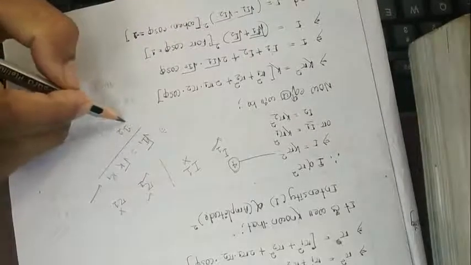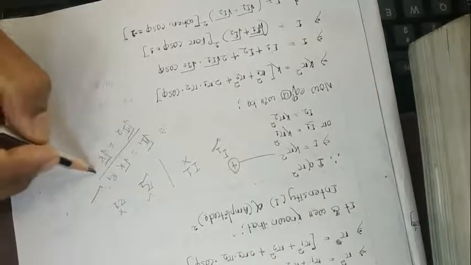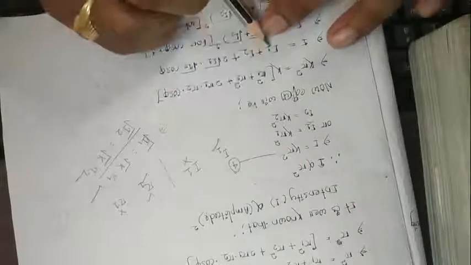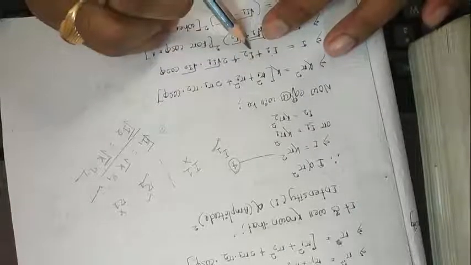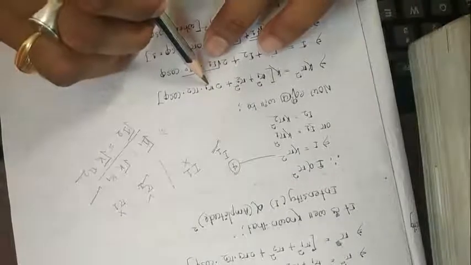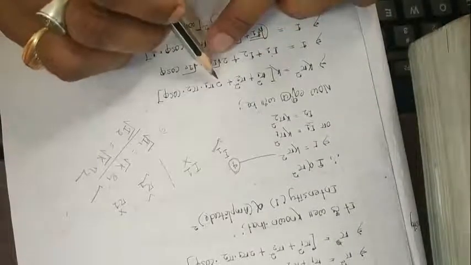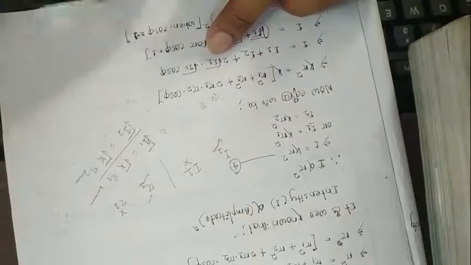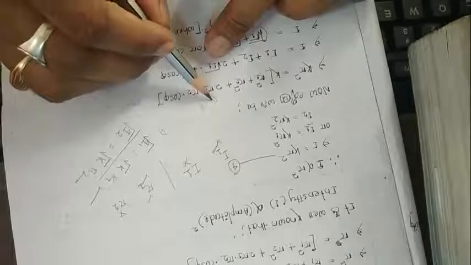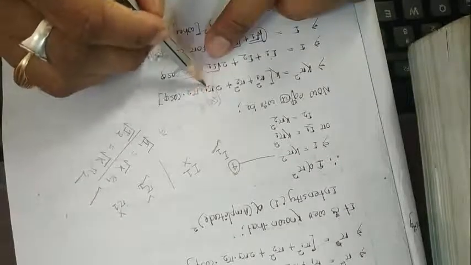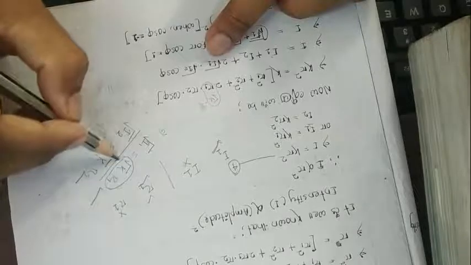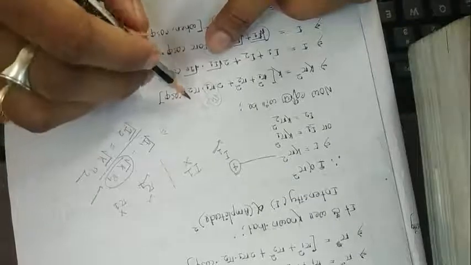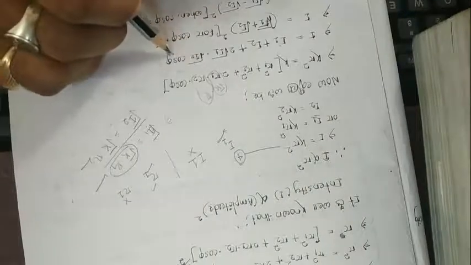Yes or no? Yes. Likewise, root over I2 will be root over K into R2. So here K R1 square is equal to I1, K R2 square is equal to I2, and K R1 R2 can be written as root over of K into root over of K. And root over of K R1 is how much? Root over I1, same thing, root over K R2 is root over I2, into cos phi.